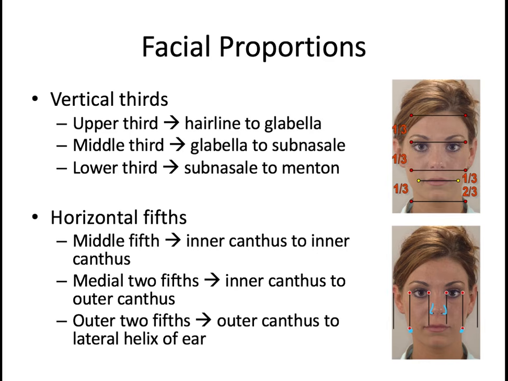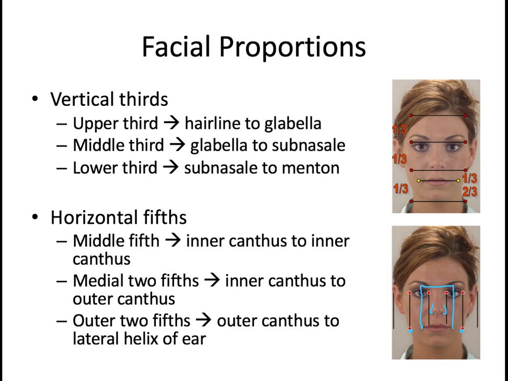And then the mid-pupillary distance, this is from pupil to pupil, should be the same distance and perfectly correlated with the commissures or the corners of the mouth. So if we were to draw lines down from there, they would be coincident with the corners of the mouth.